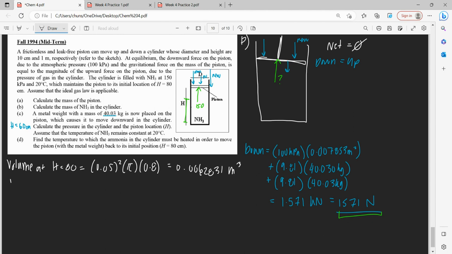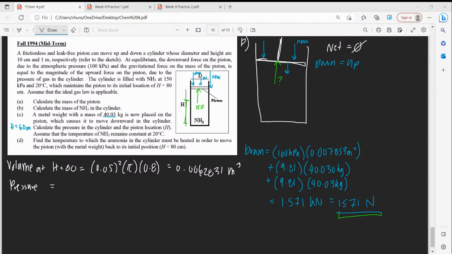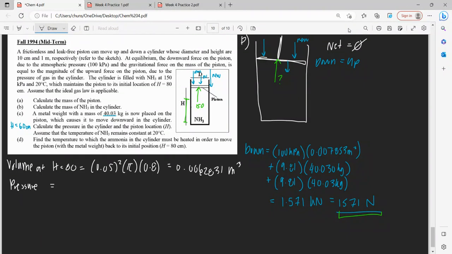We have our new pressure, which is equal to our kilonewtons over the area of our piston.